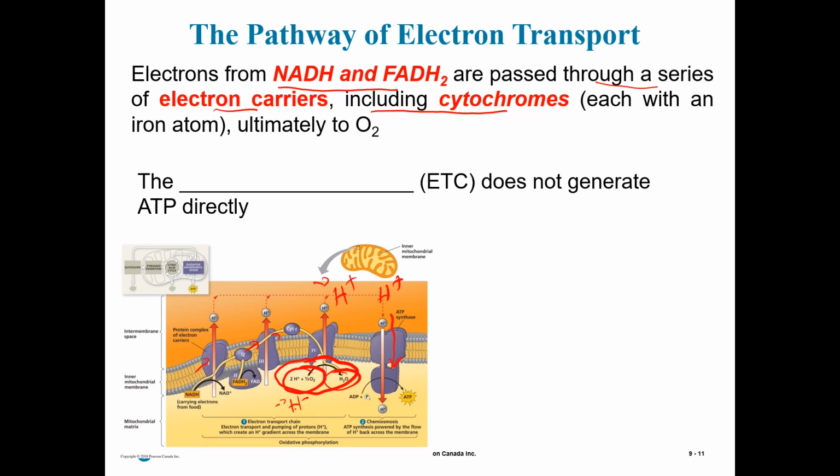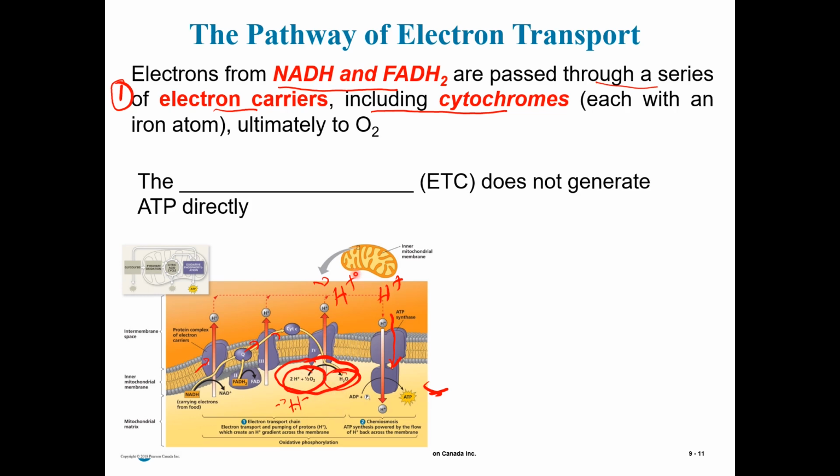The protons are the ones in charge of producing the exergonic flow that is going to produce the ATP in this reaction. So first concept, all these NADH and FADH pass to all these electron carriers, including the cytochromes, to arrive here to the oxygen.